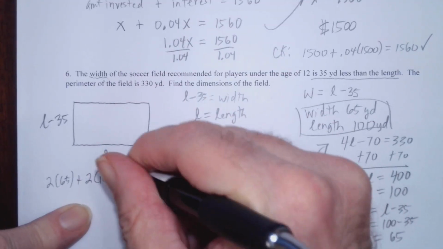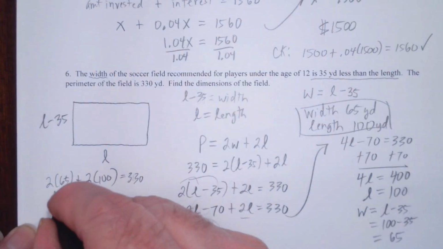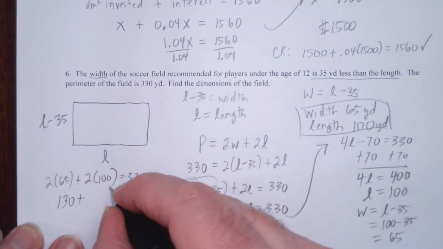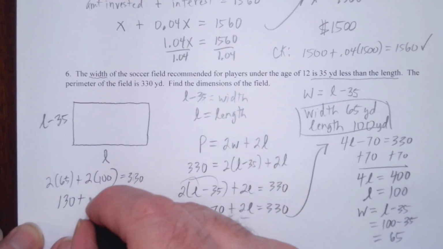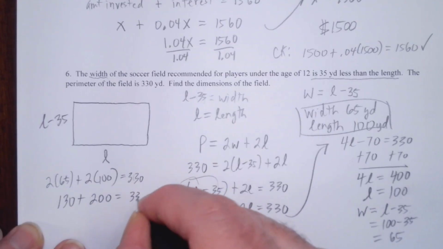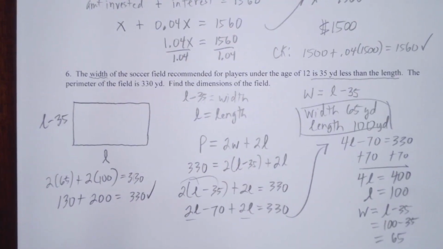So 2 times 65, that's 130. 2 times 100, that's 200. And that does equal 330. And so you can see this is quite easy again to check.